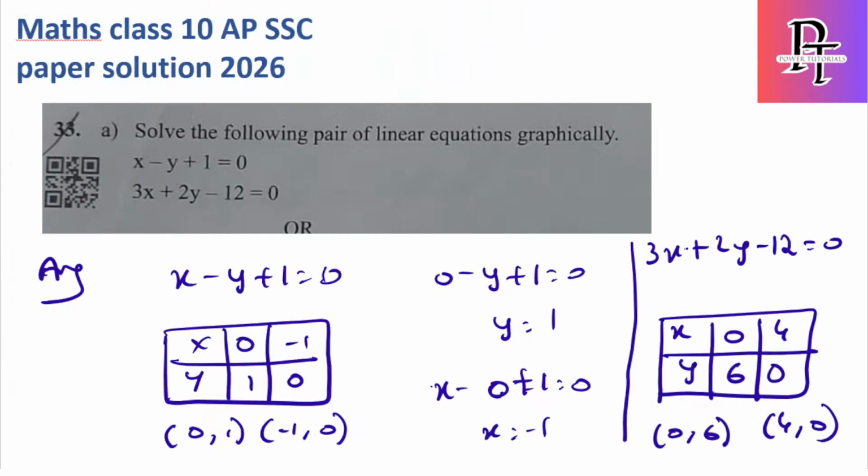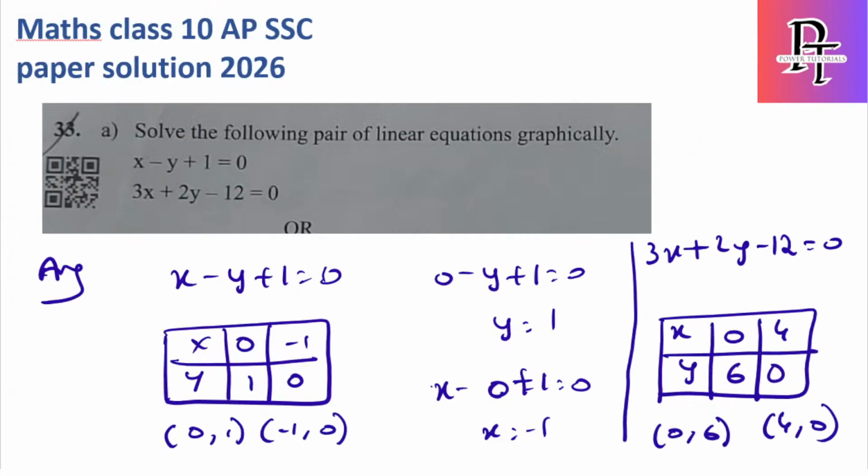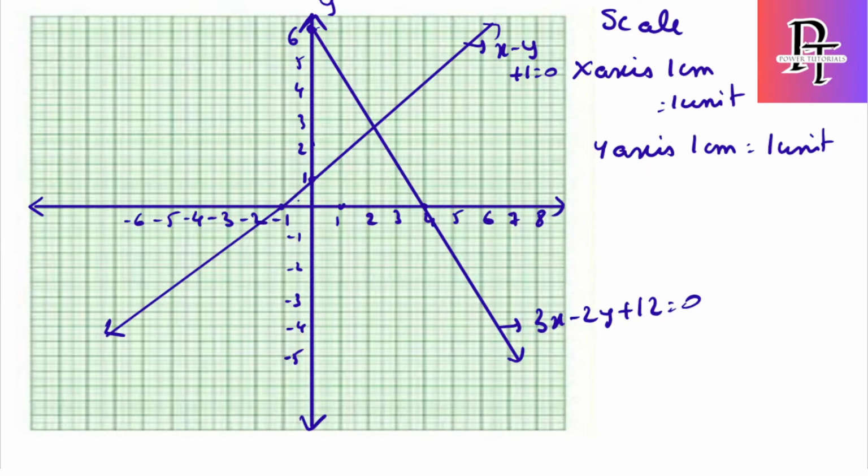If x is 0, then y is 6. I wrote the equation wrong here. It is 3x plus 2y minus 12. So that's why make sure to write the equations properly. Okay, so it is 3x plus 2y minus 12 is equal to 0.